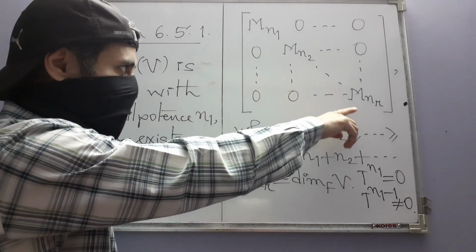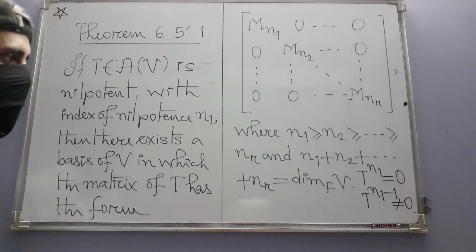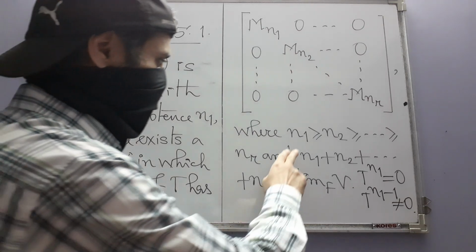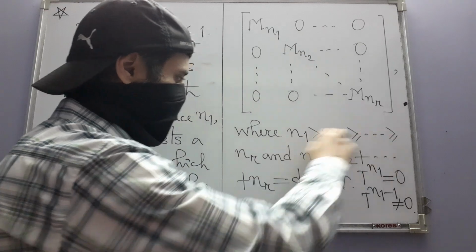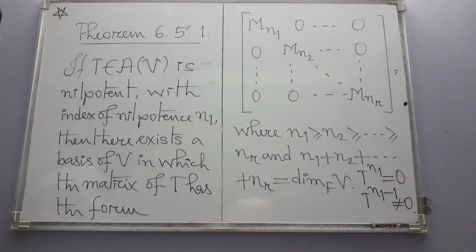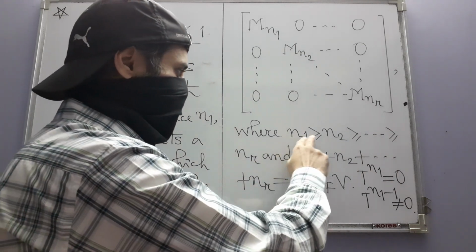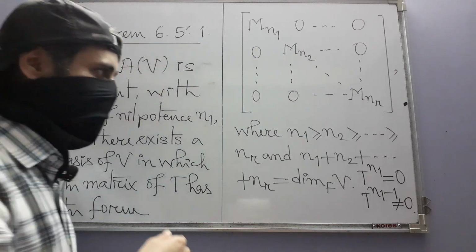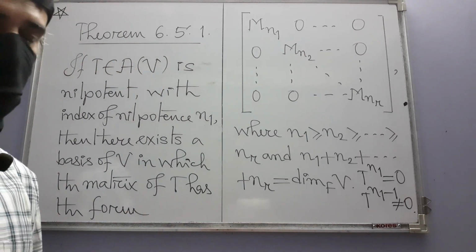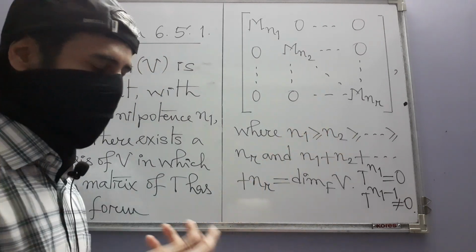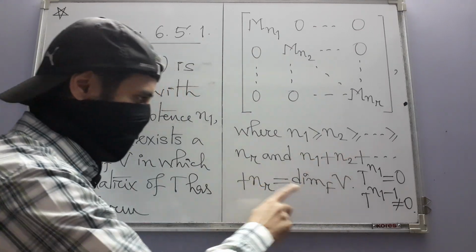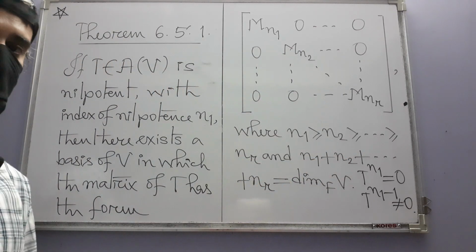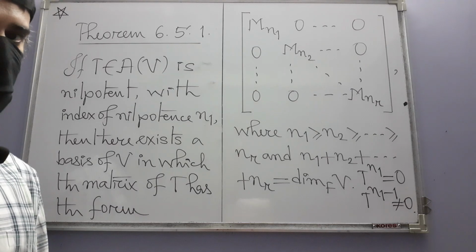And the other M's are also like that. And these n's are going to appear in this manner. They are going to be following a decreasing, but possibly decreasing, pattern. Some of these may be the same. And the sum of all these n's should be equal to the dimension of the underlying vector space.